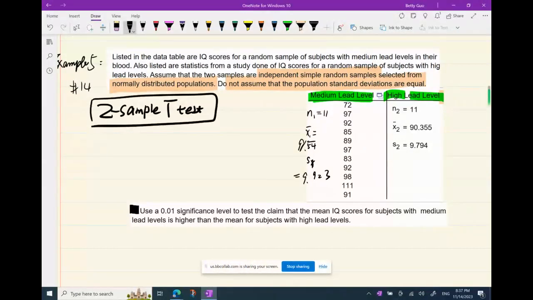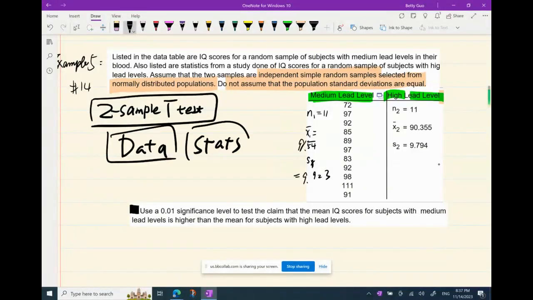When we go to the 2-sample t-test, number 4, we have 2 options, right? Data and stats. And which one should we choose?